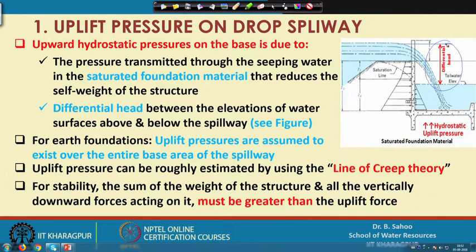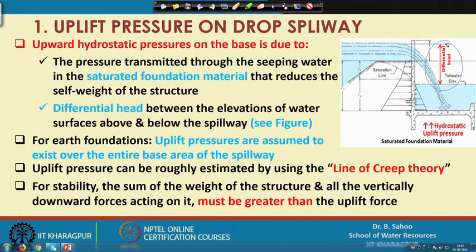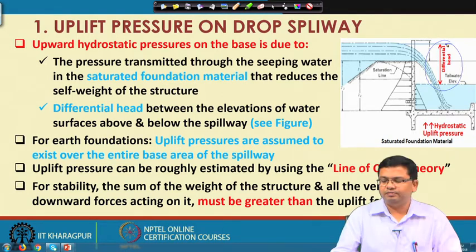For earth foundations, these uplift pressures are assumed to exist over the entire base area of the spillway. Uplift pressure can be roughly estimated by using the line of creep theory. The line of creep theory talks about how the water moves at the contact surface between the structure and the foundation material.